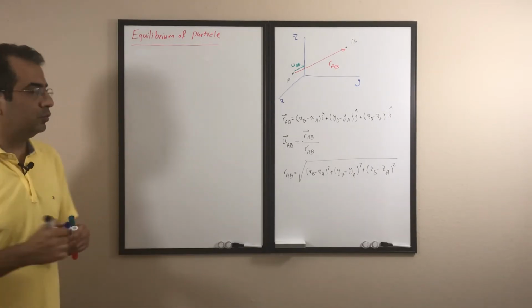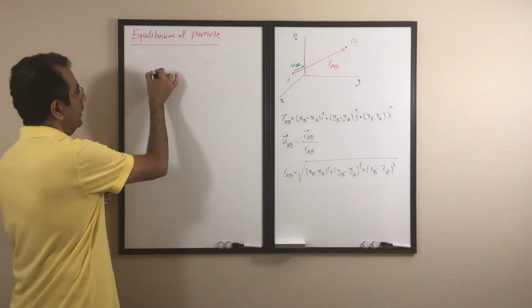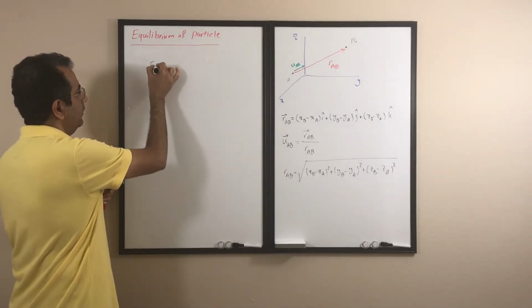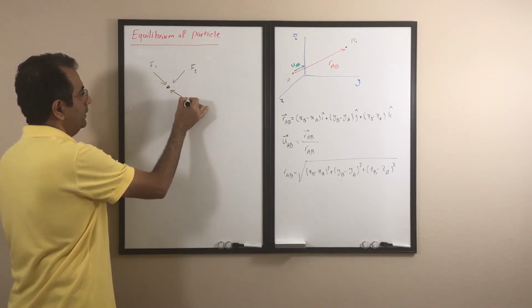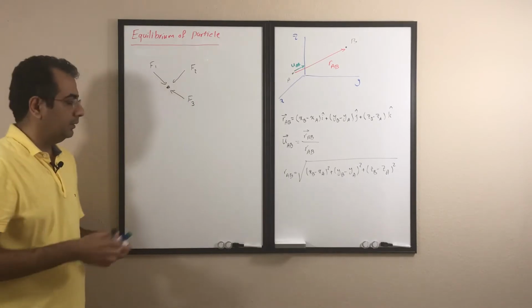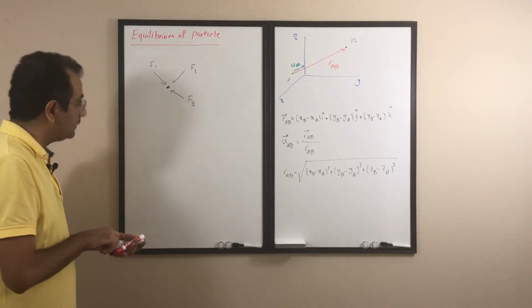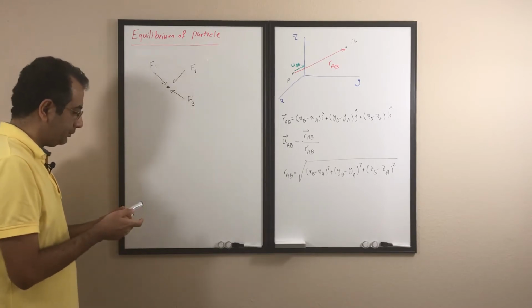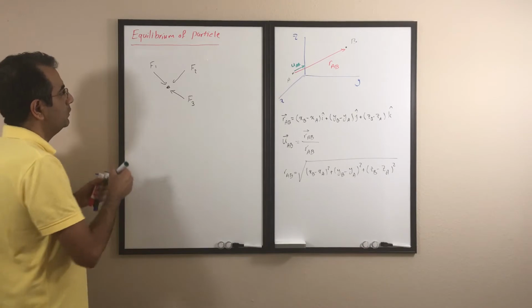If we have it in 2D, we have a point, and we have F1, F2, and F3. What we are going to do, first thing first, is find all the components of these forces in the x and y direction. That's the very first step we do.